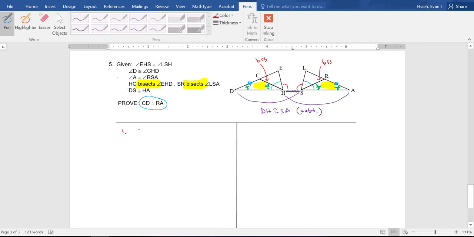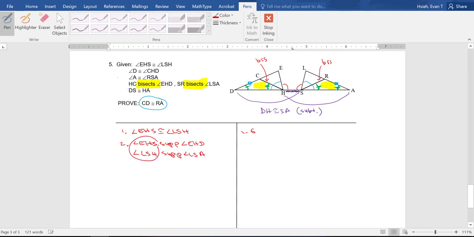So let's start out with angle EHS congruent to angle LSH, given. I know that I got some supplementary angles here. Angle EHS is supplementary to angle EHD, and angle LSH is supplementary to angle LSA.